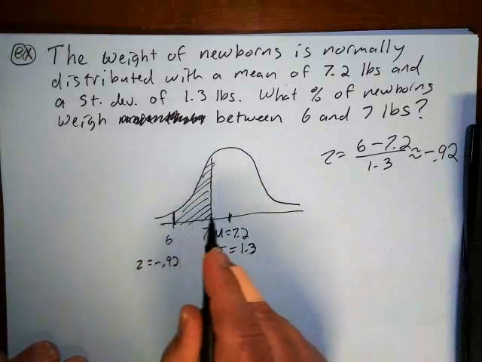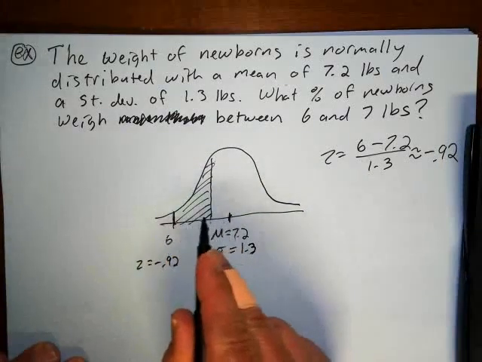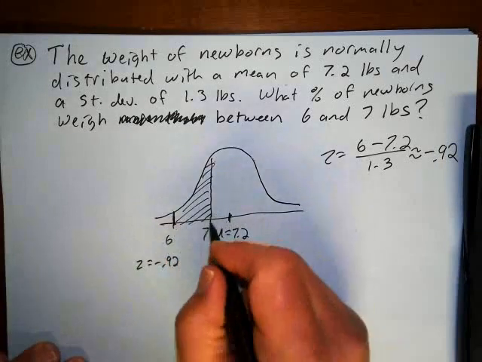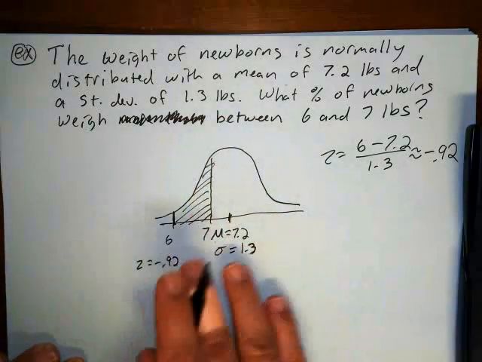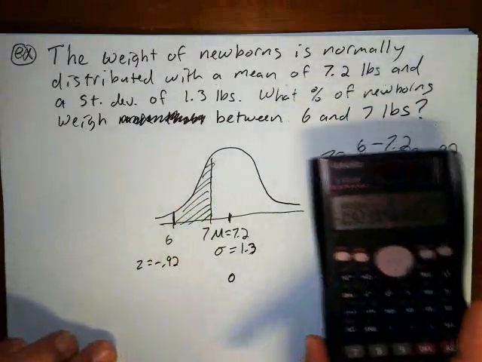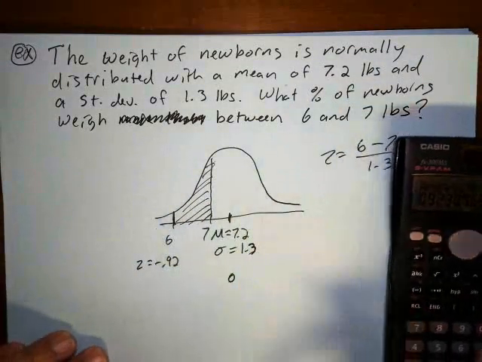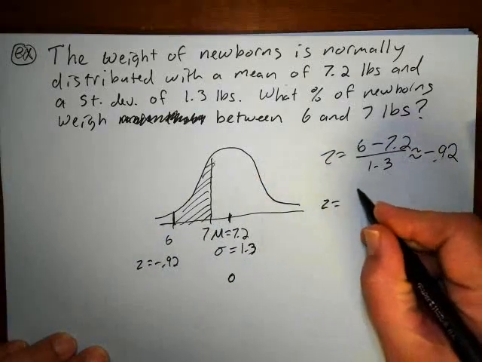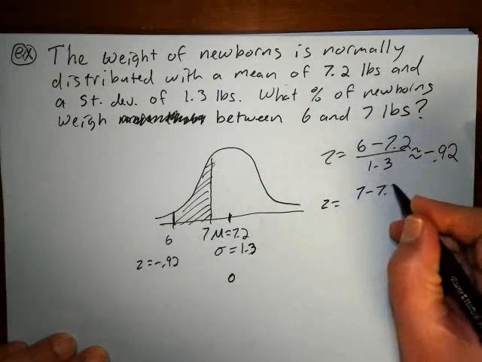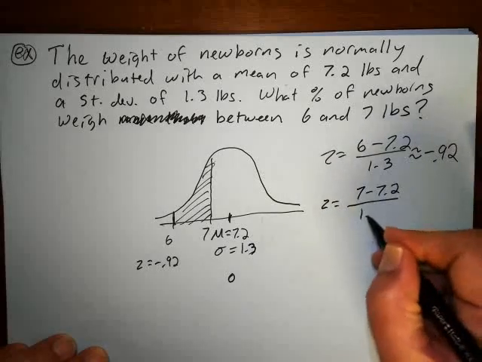So this isn't completely realistic because that doesn't lie less than one standard deviation. They should have both been kind of closer to the mean, but this is okay. This still gets the order of things right. Okay, so now I need to find the z-score for 7. So I do 7 minus 7.2 divided by 1.3.